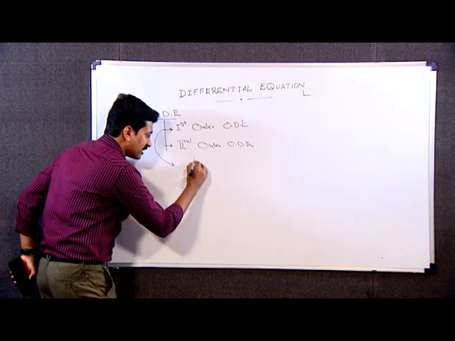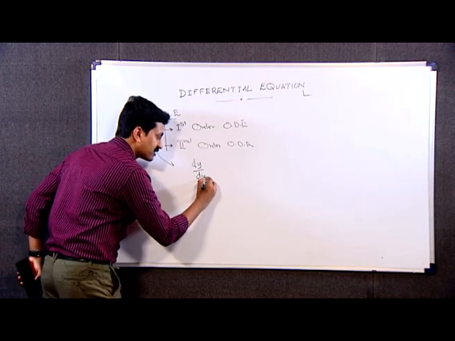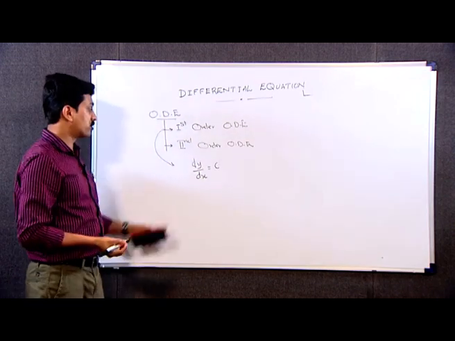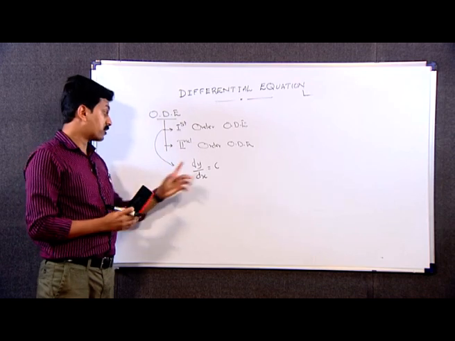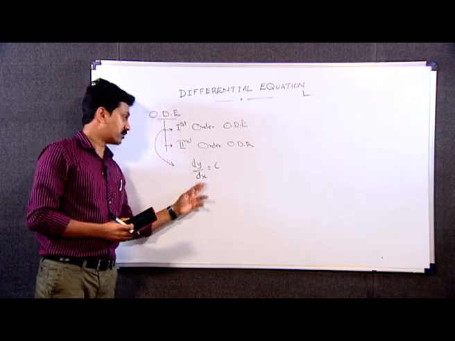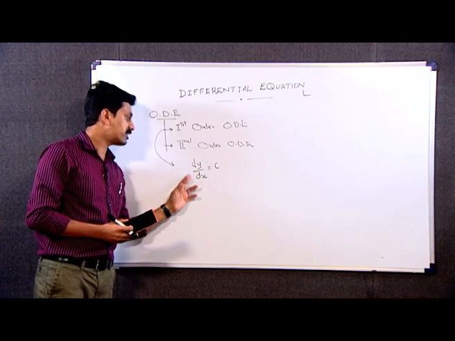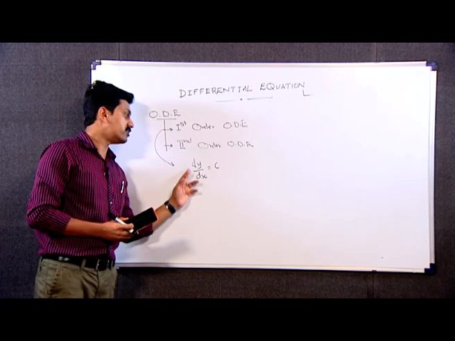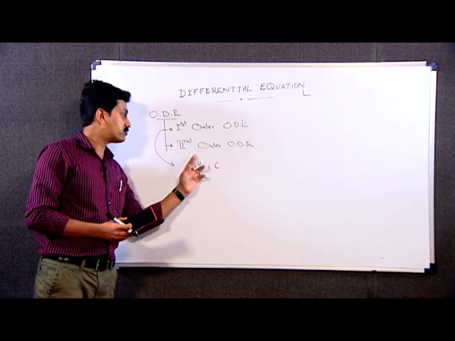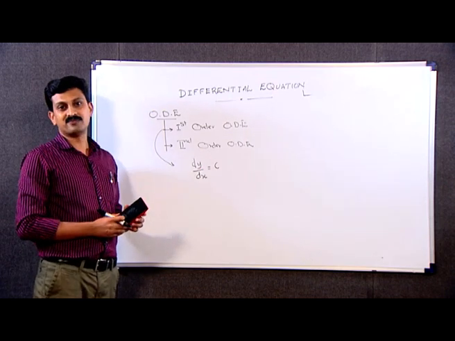Simply, dy by dx equal to c is also a differential equation, because it contains a derivative, and its highest derivative is dy by dx, whose order is 1. That is why this is a first order ODE.